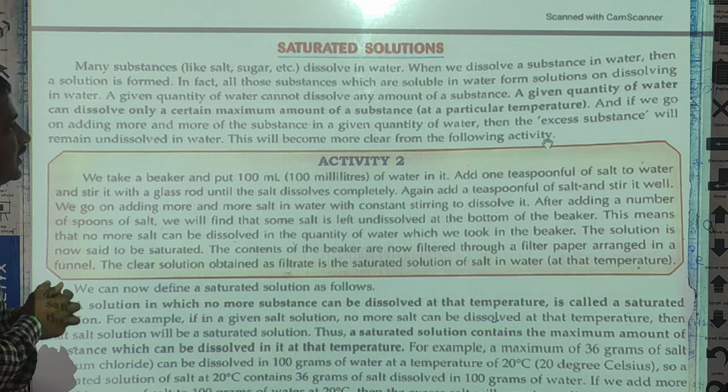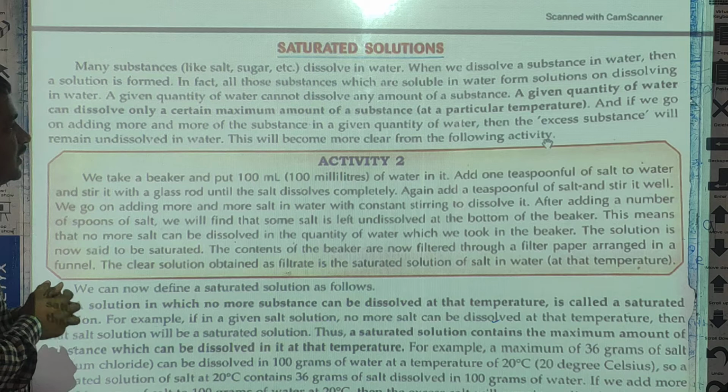Okay, understood, students? Here we can see one more chart is given. Before that, what is meant by solubility? Solubility means the maximum amount of substance which can be dissolved in 100 grams of water at a given temperature.